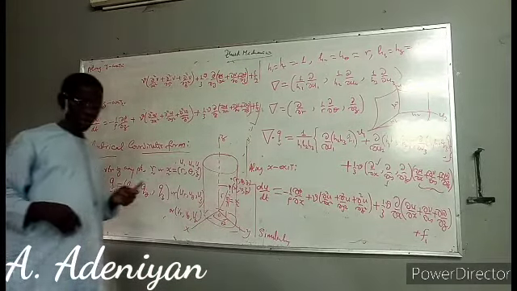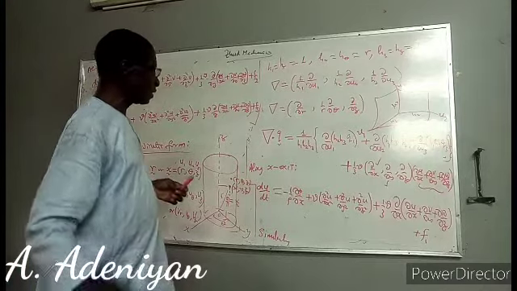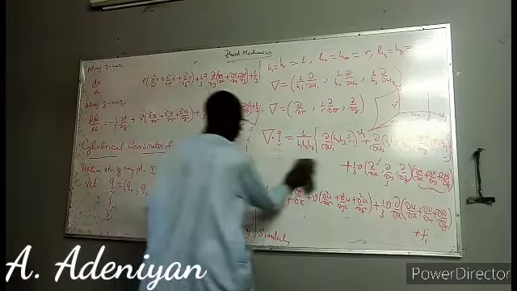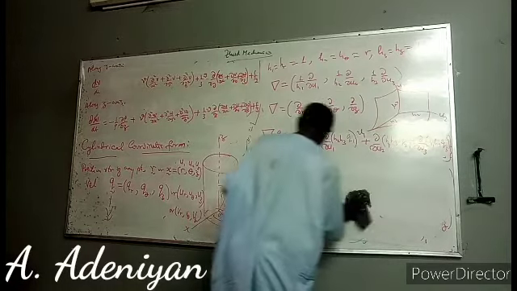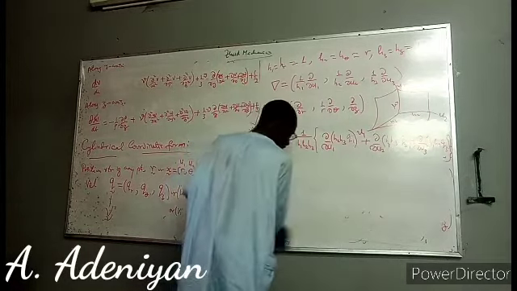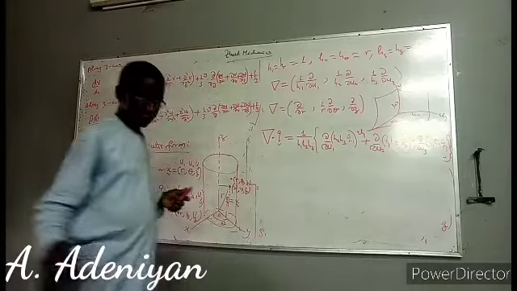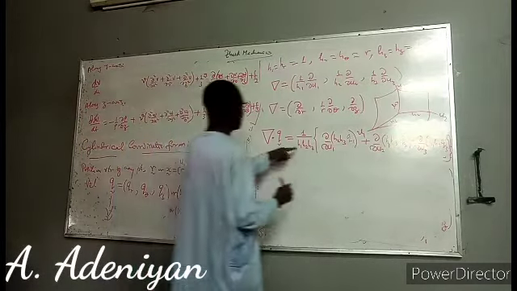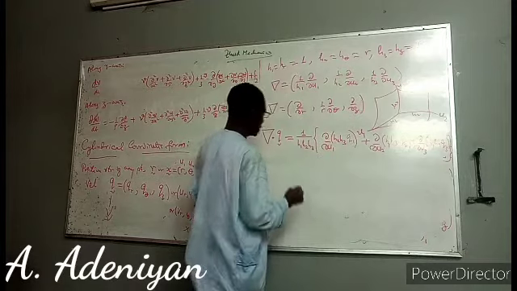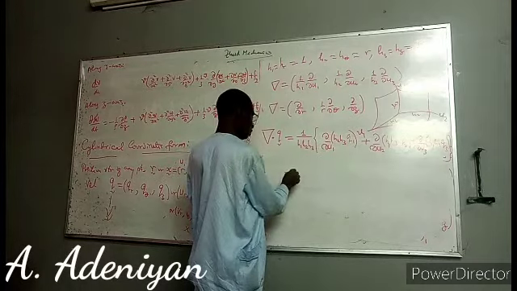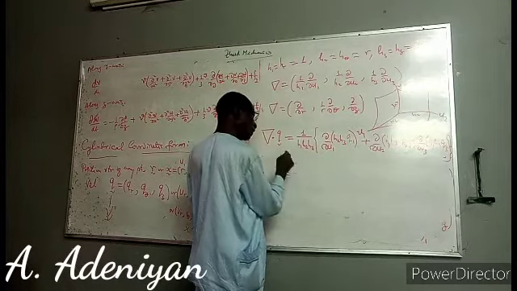For example, if we expand this in the cylindrical coordinate system, what would it be? H1 is 1. This is the general tensor form in cylindrical coordinate system.